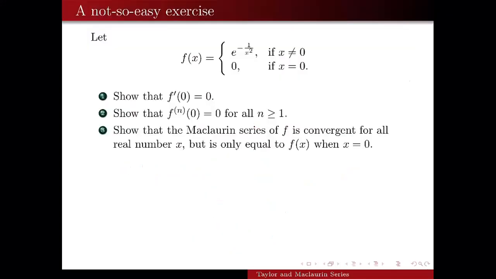Now, let's have this not so easy exercise. Let f of x be this piecewise function: e raised to negative 1 over x squared if x is not equal to 0, and it is equal to 0 if x is equal to 0.